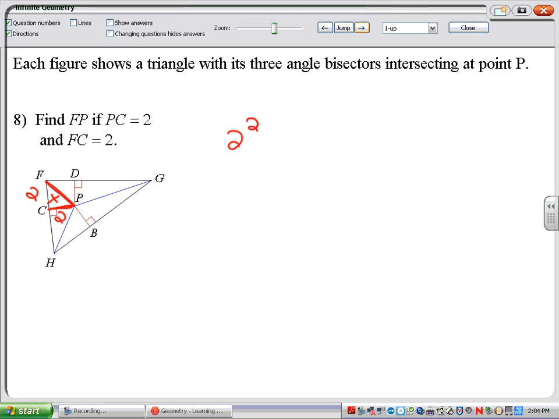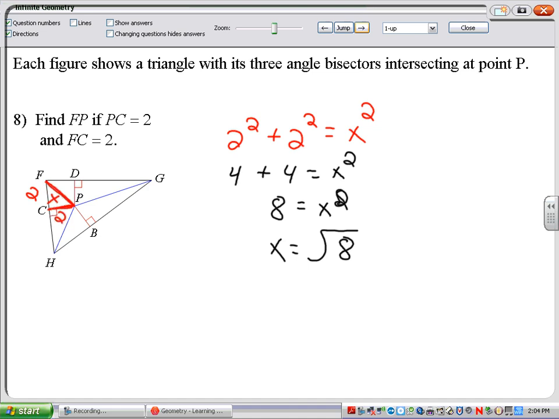It's going to be 2 squared plus 2 squared is x squared. A little bit different order here because the x is my hypotenuse. The x would be my longest side. So this works out to be 4 plus 4 is x squared. In other words, 8 is x squared. So x is the square root of 8, which on my calculator comes out to be 2.83.